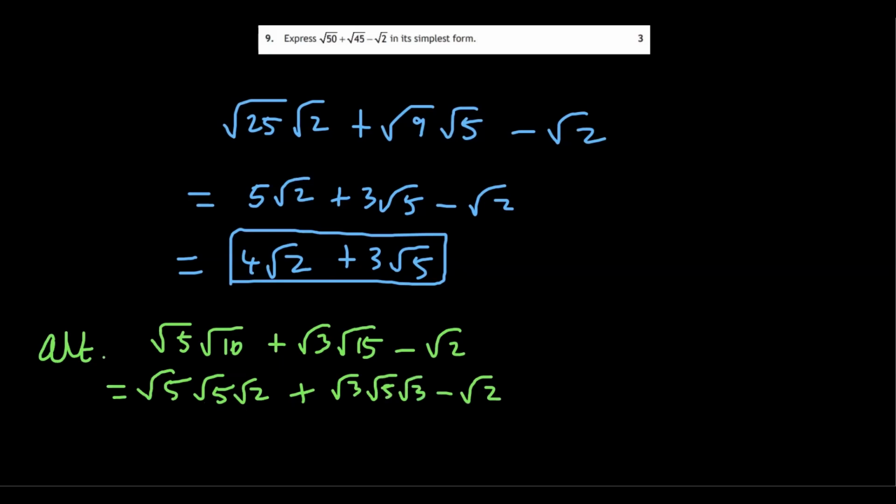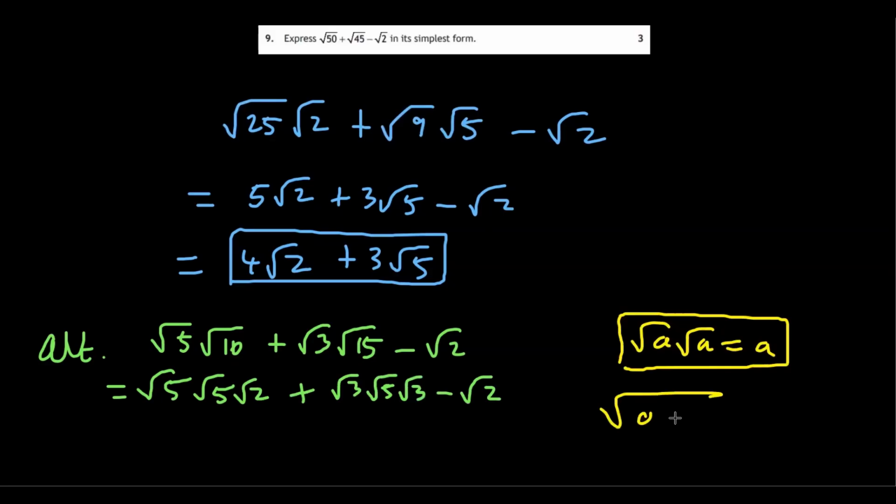And then when you've got the same surd being multiplied, so root a times root a, that would always be a. And the reason for that is because when you combine them under the surd, you would get a times a, so it would just be root a squared, and that's obviously just a.